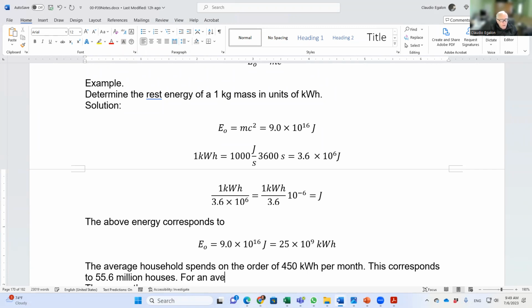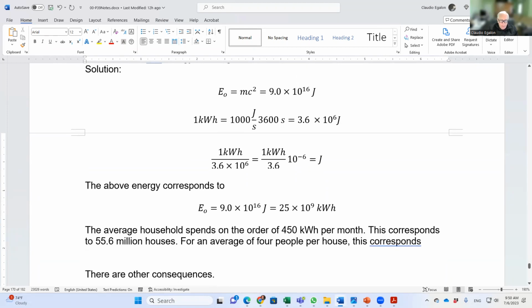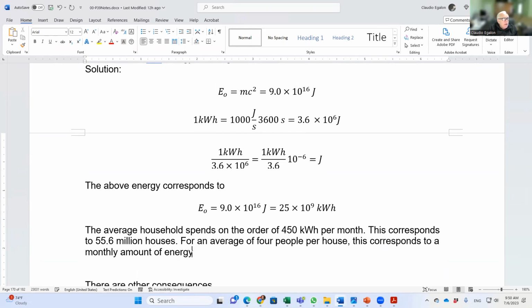For an average of 4 people per house, this corresponds to a monthly amount of energy enough to power 220 million people.